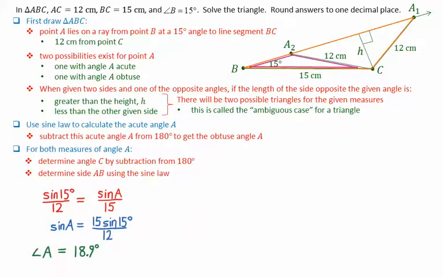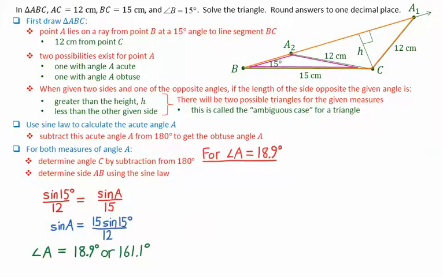This corresponds to an angle A of 18.9 degrees. Note, of course, though, that we have another possibility. We can also take 180 degrees minus 18.9 degrees. This gives us another result for angle A of 161.1 degrees.